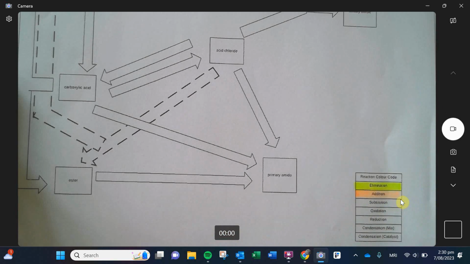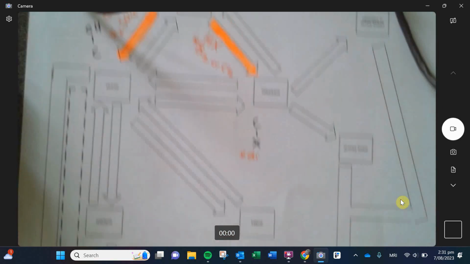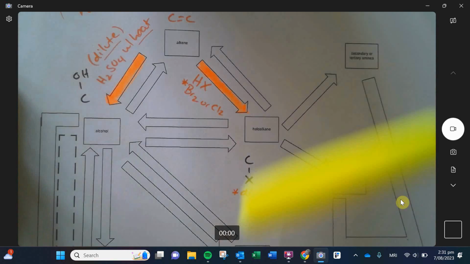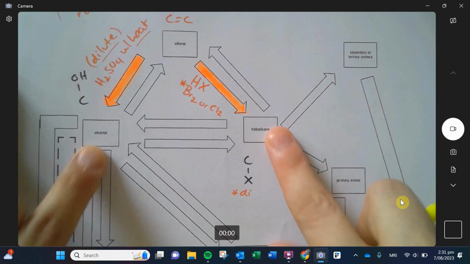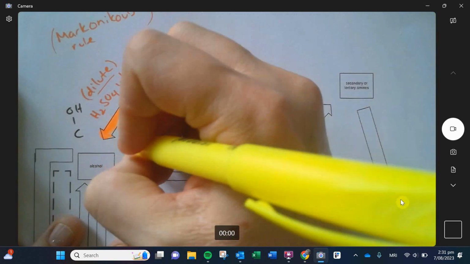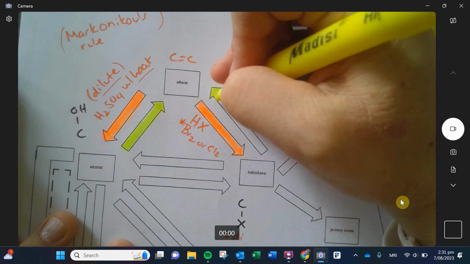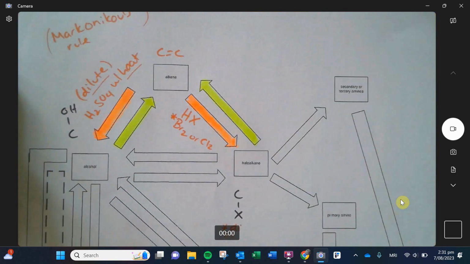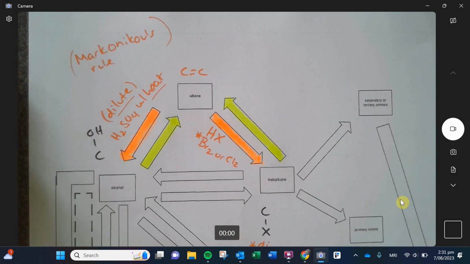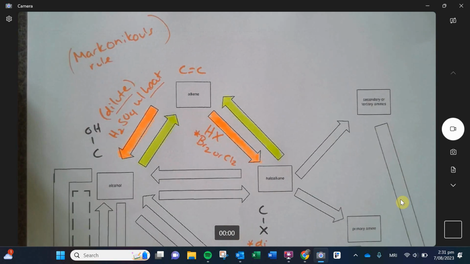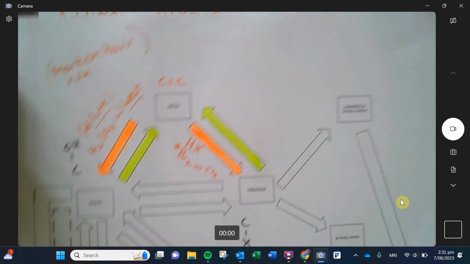All right, elimination. So elimination is also tied to the alkene. In this case, we are going from something to the alkene, so the arrow's in a different direction. That's why I have it in a different color. So elimination reactions are when we remove something from our molecule.